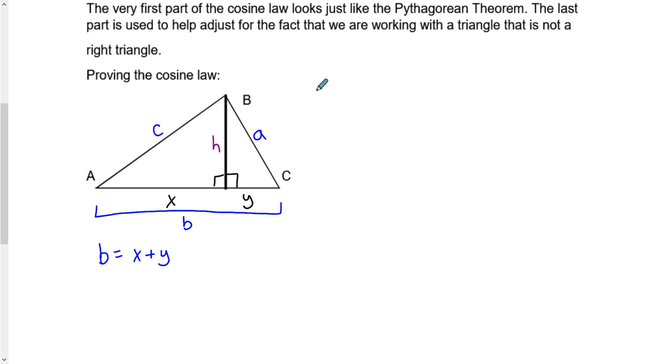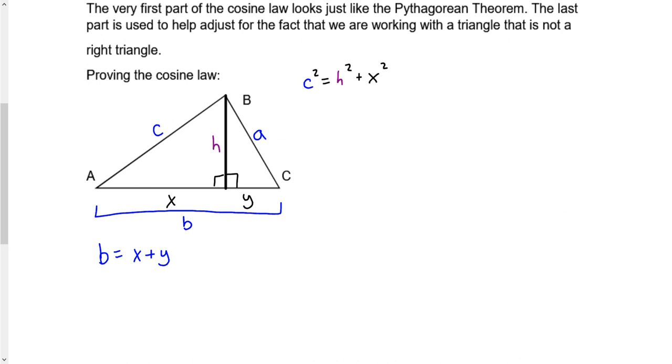We have the first one, that our c squared, actually, sorry, I'll use the same colors. Our c squared would equal our h squared plus x squared.